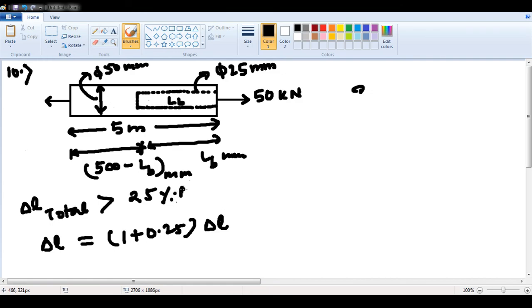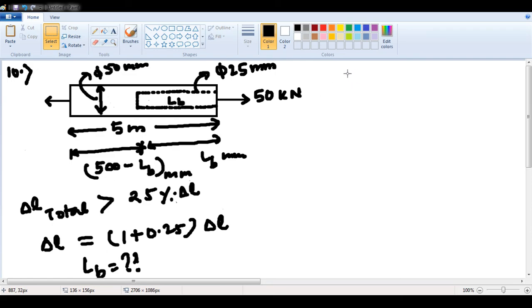Okay, into delta L. So here the question is asking to find the value of the length of the boring. Very simple. First let us find the total extension.